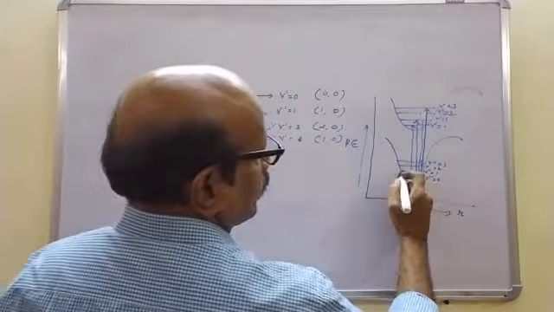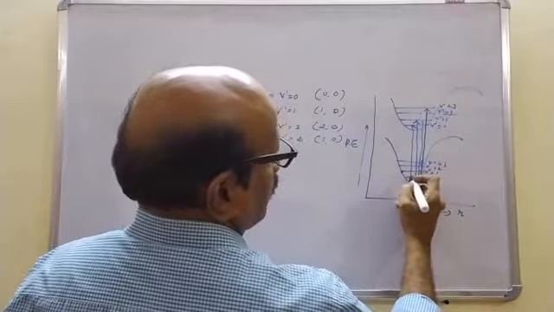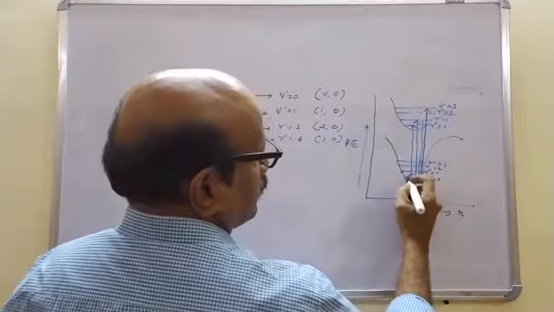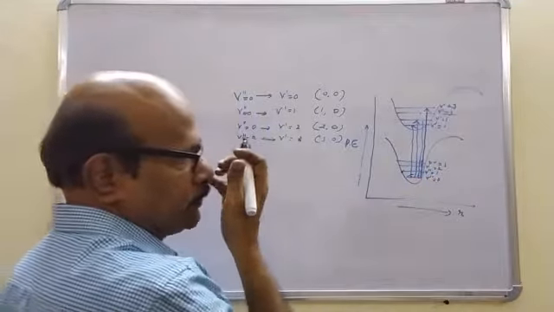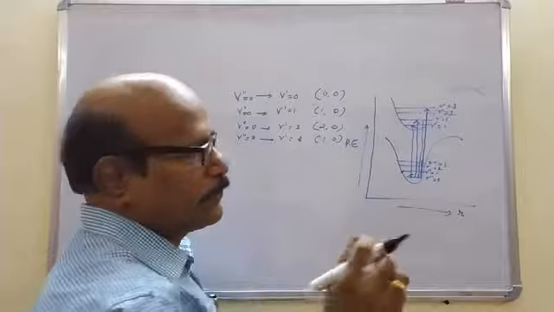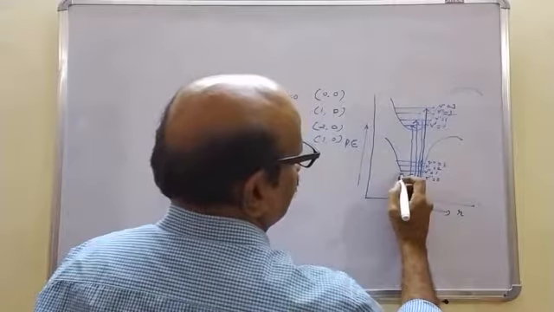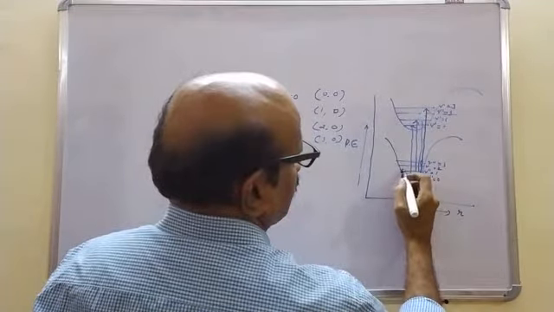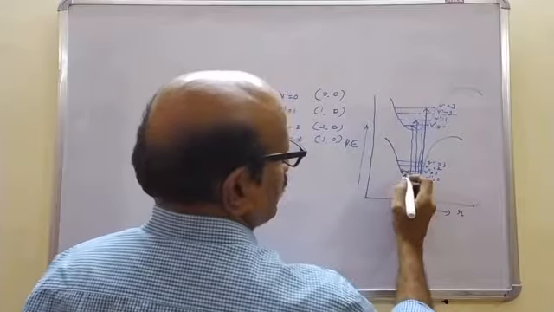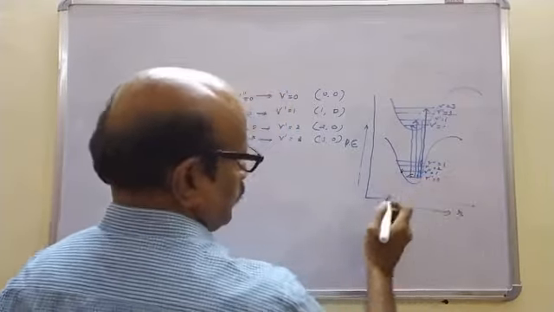In the ground state with nu equal to 0, the probability is at the middle, but as the vibration increases, the probability shifts to the extreme positions.